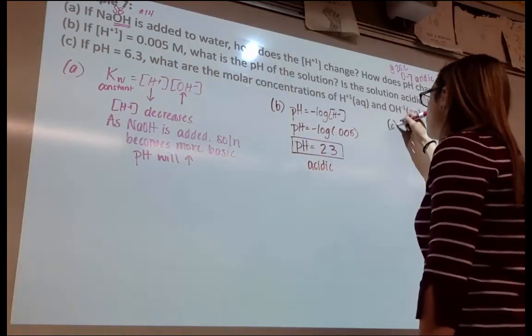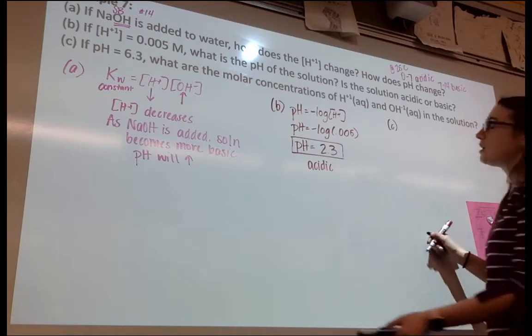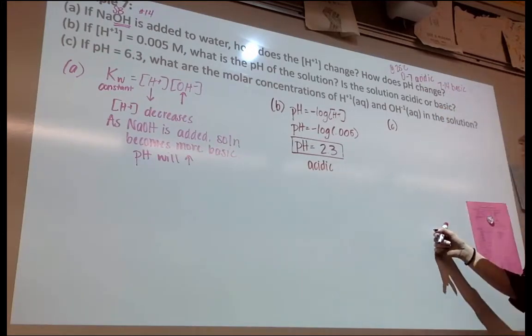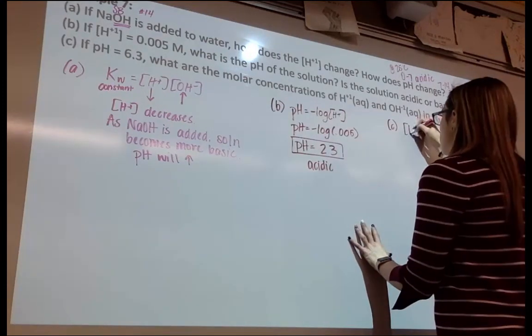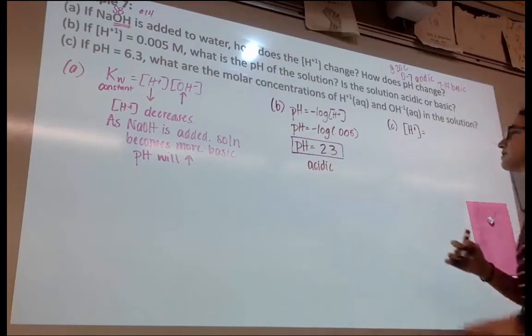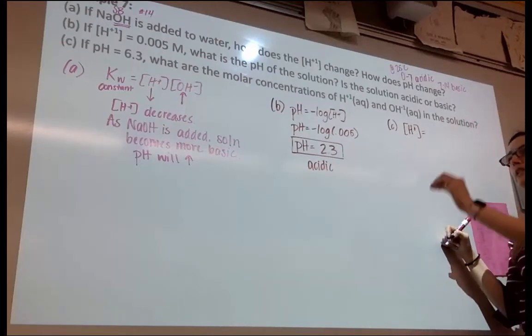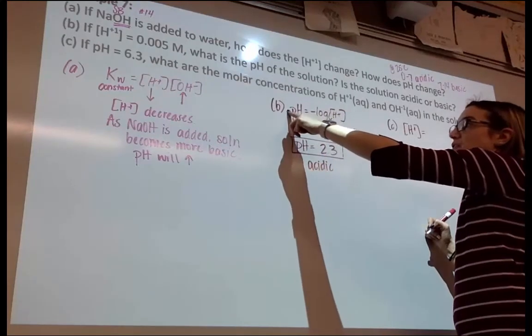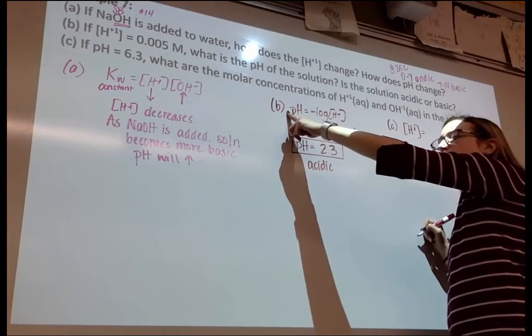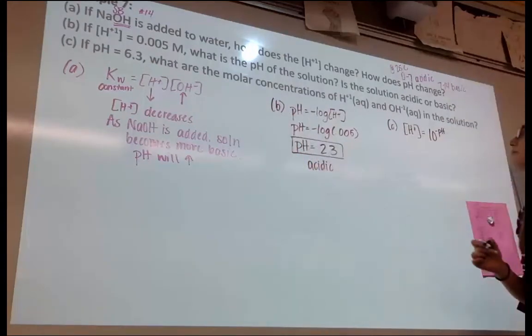Now part C. Part C is going backwards. If the pH is 6.3, what are the concentrations of H plus and OH minus in the solution? Now we are solving for the concentration of H plus. Going backwards is not on the equation sheet, but you need to know this calculation. I bring the negative over, and I use 10 to the x. So it looks like this, 10 to the negative pH.